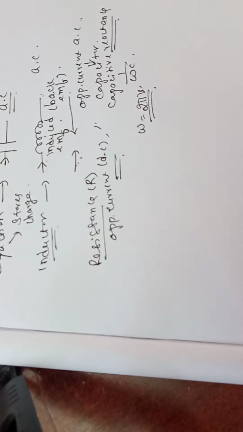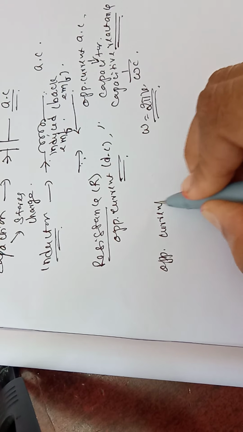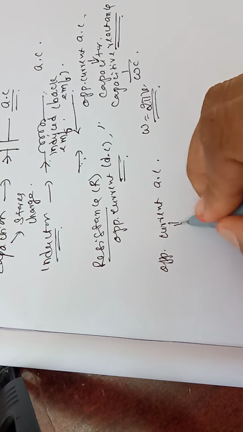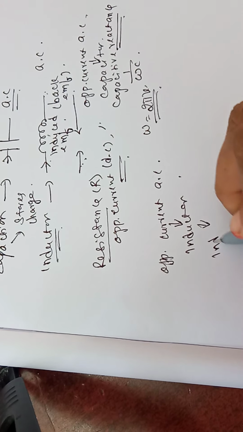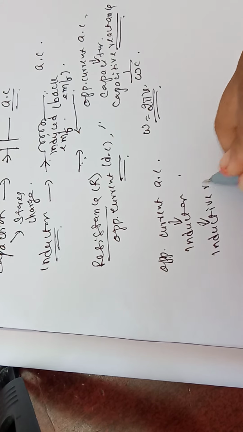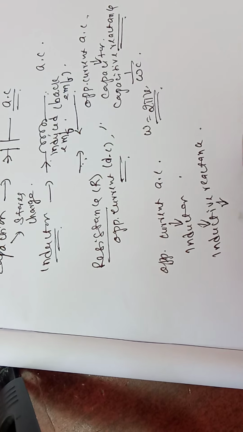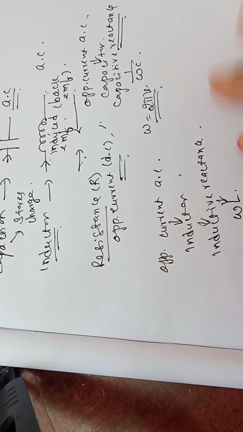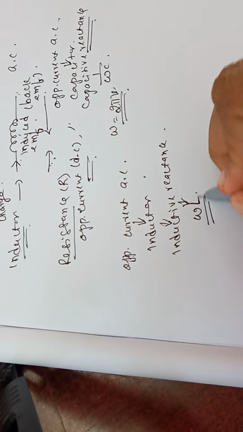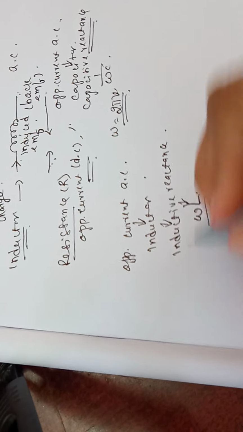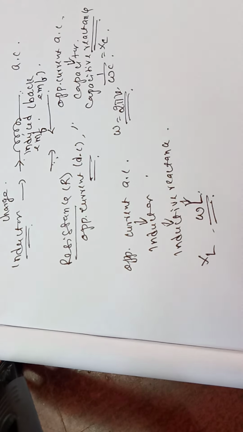Similarly, the opposition created to the AC current by an inductor, we call inductive reactance, and its value is equal to omega L. We write it as XL, and the capacitive reactance we write as XC.